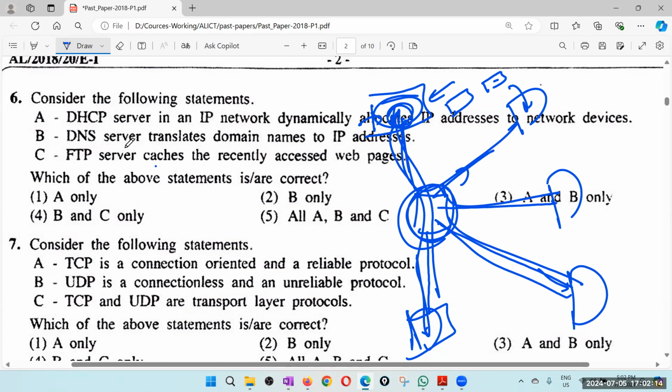Right. Now let's read the questions and answers. Which of the above statements is correct? A DHCP server in an IP network dynamically allocates an IP address to a network device. That is exactly right. A DNS server translates a domain name to an IP address. Yes.